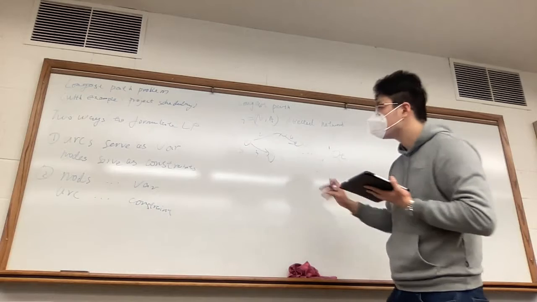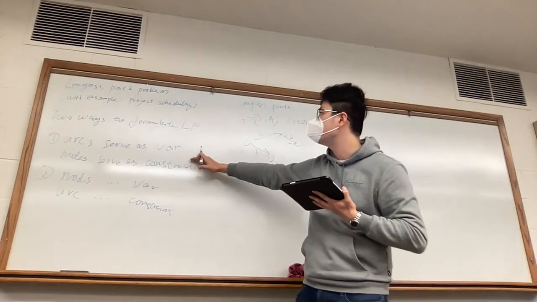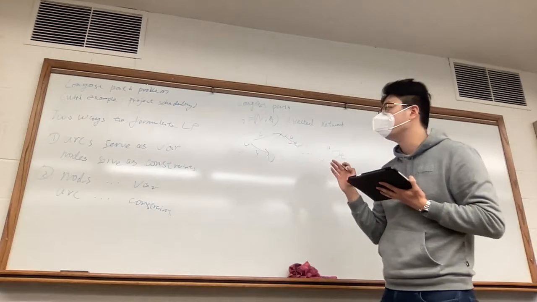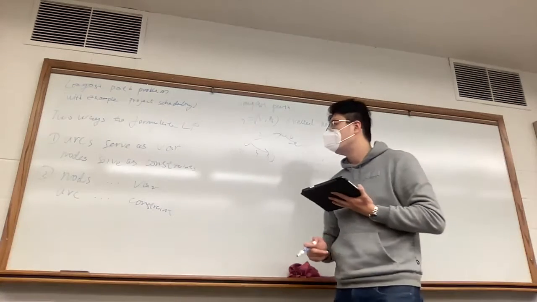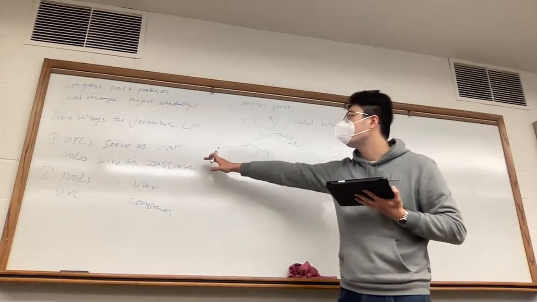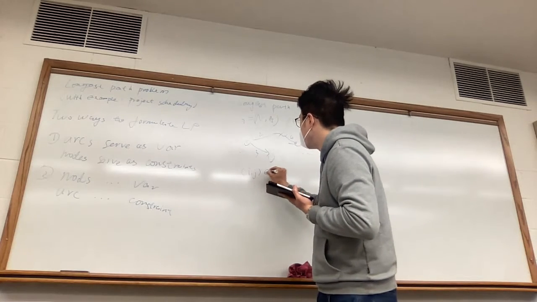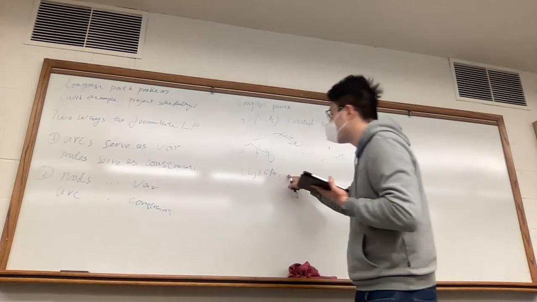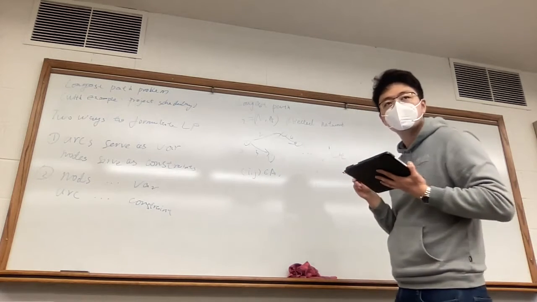Okay, so now let us use the first way to formulate an LP for the longest path problem. As I said, the arcs serve as the variables. Can anybody tell me how I can design our variable with respect to arcs? Let's say for any arc ij in A, what is the corresponding variable? Xij.